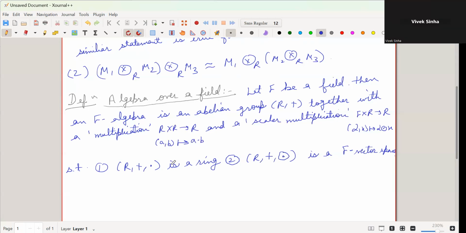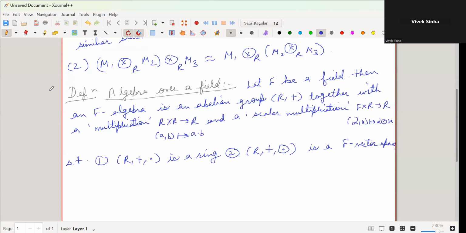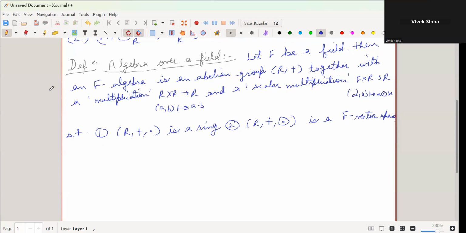This ring structure is independent of the field; you don't need a field to define a ring. But to define the scalar multiplication for a vector space structure, you need the field. That's why it's said to be an F algebra.